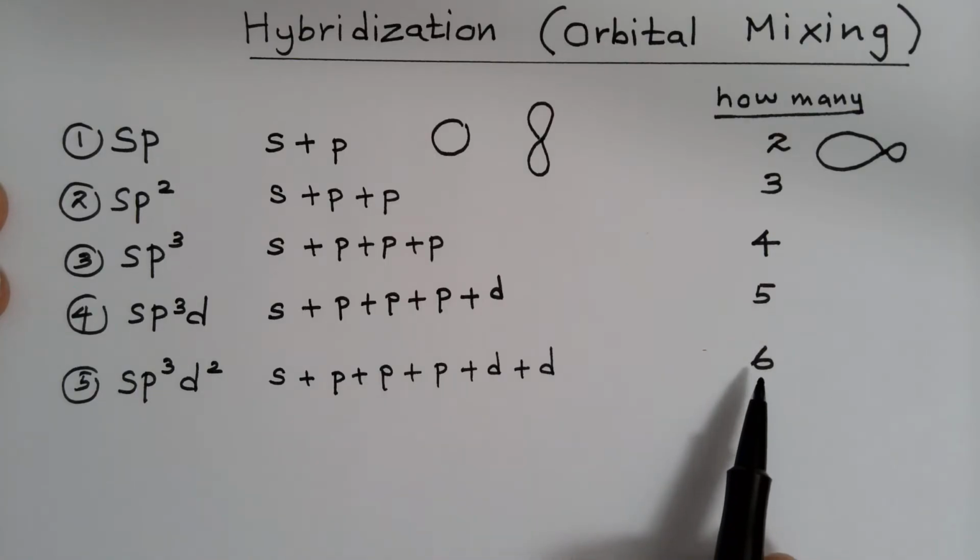Next one, sp3d2: 6 hybridized orbitals can overlap with 6 atomic orbitals to form octahedral geometry.